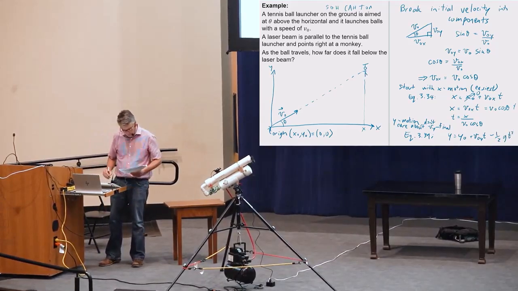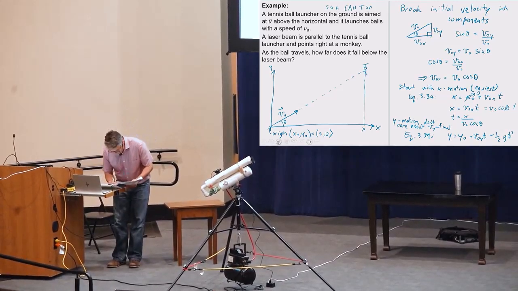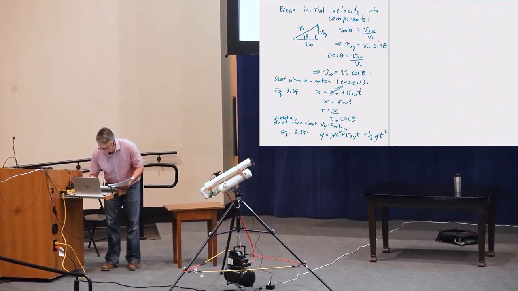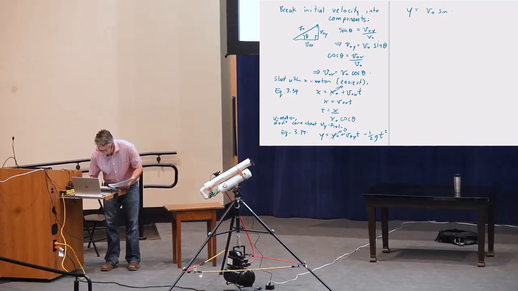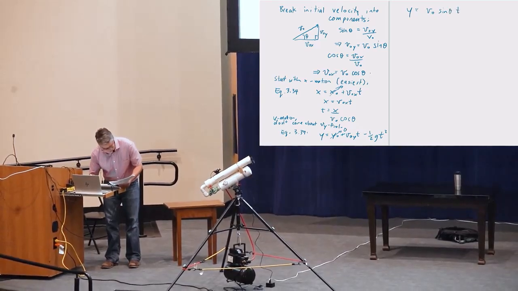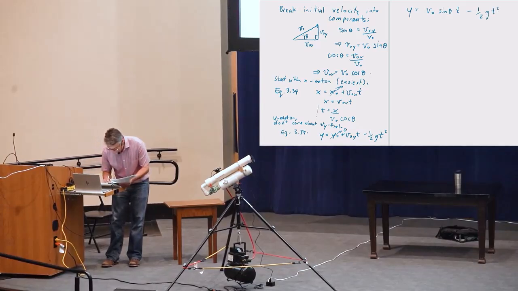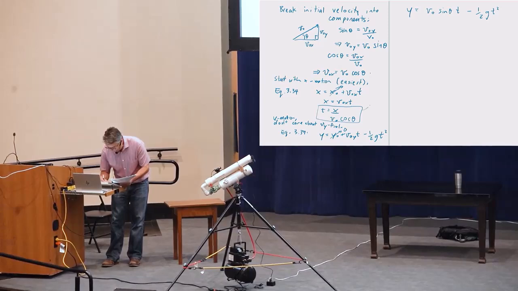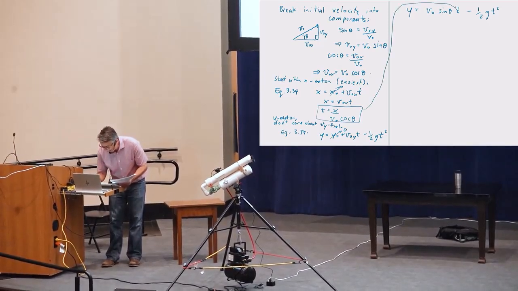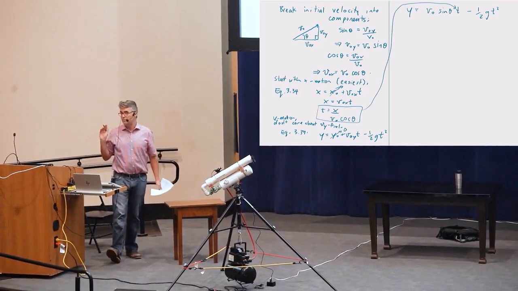And so what we can do, if we write that out, we could say that y is equal to v0 times sine theta times t. Remember, y0 is 0, minus 1/2 gt squared. But we can take this value of t that we got from the x component, and we can plug it into the y component. So that's a big trick.